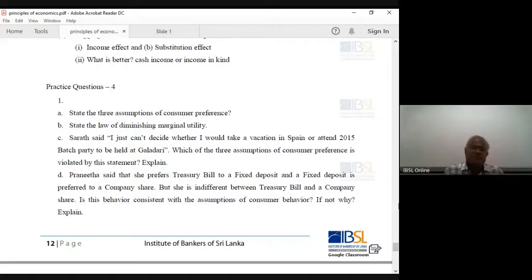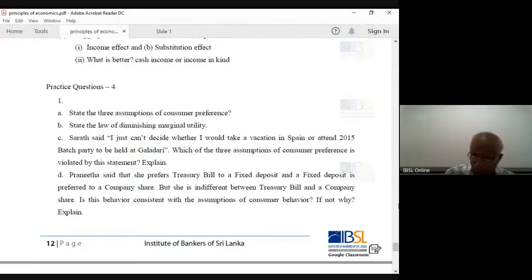If not, why? Explain. Now we have treasury bills, fixed deposit, company shares. Three goods. Treasury bill is a low risk investment. Fixed deposit, low risk investment. Then the company share is a risky investment. So this is talking about the property of transitivity.